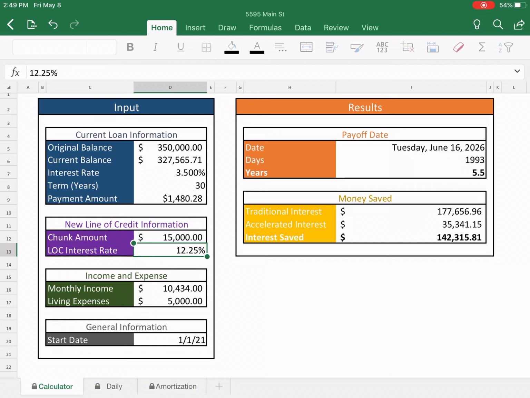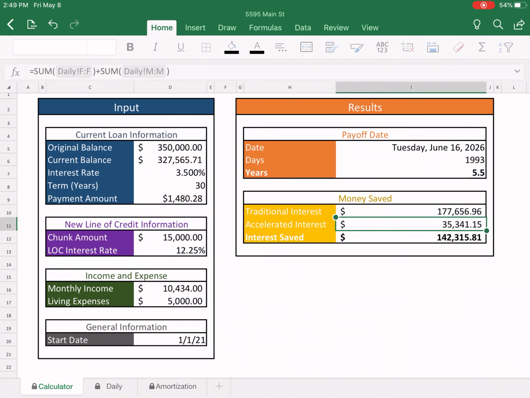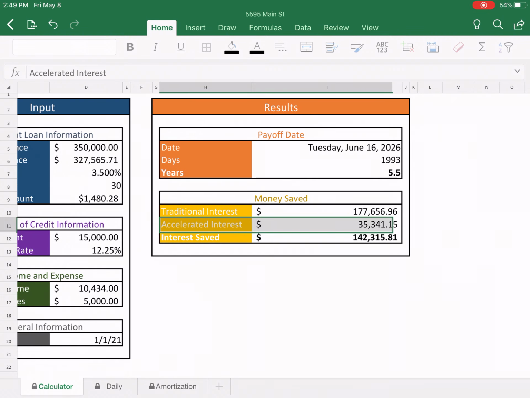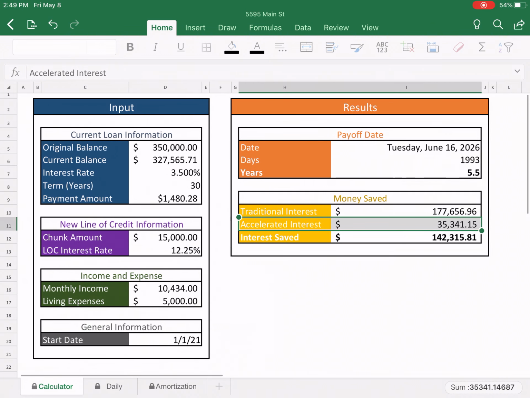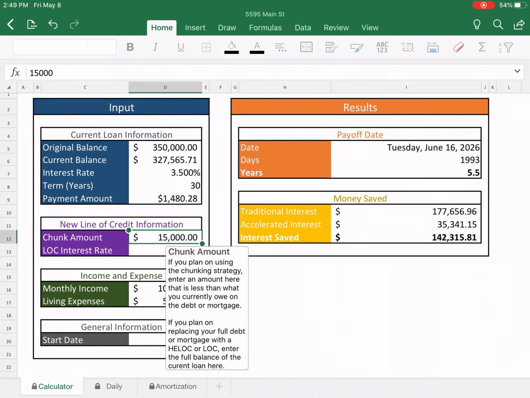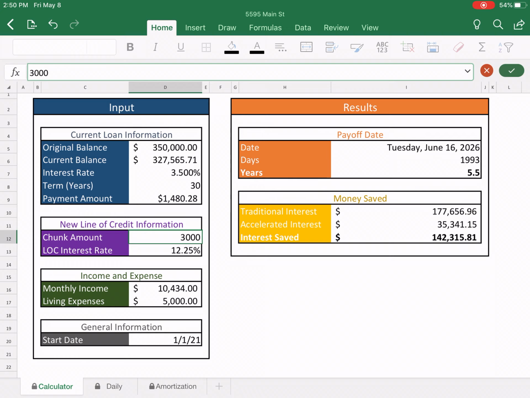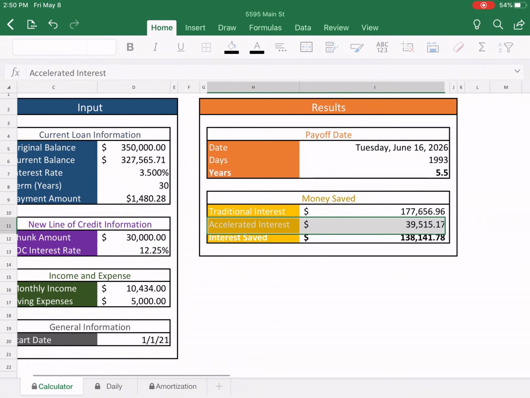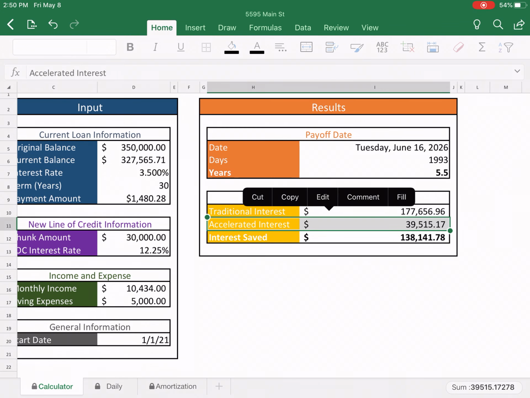This is the interest you pay. You have to pay this interest. This is the interest you paid. So I think the higher the chunk amount, which is 30,000, the more interest you're going to pay, because the chunk amount is relative to your cash flow.